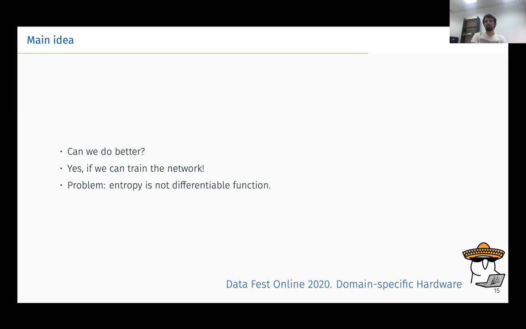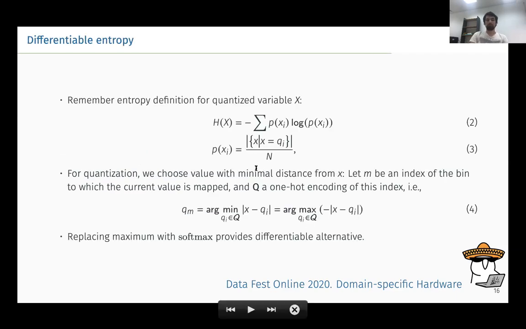The problem is that the entropy as defined is not a differentiable function, especially since we're talking about a quantized signal. This might be a bit problematic. So you need to somehow redefine entropy. And we approximate entropy in a differentiable way, using the usual trick.